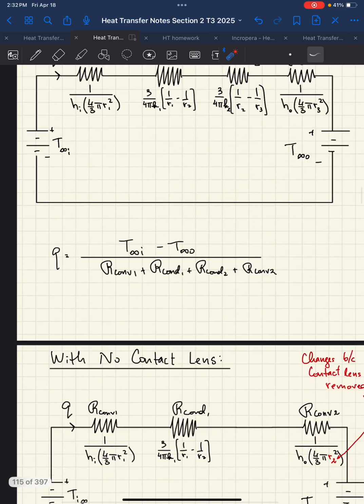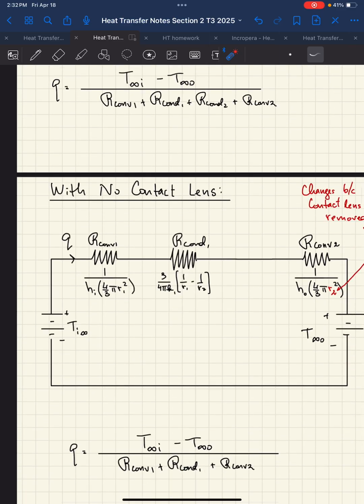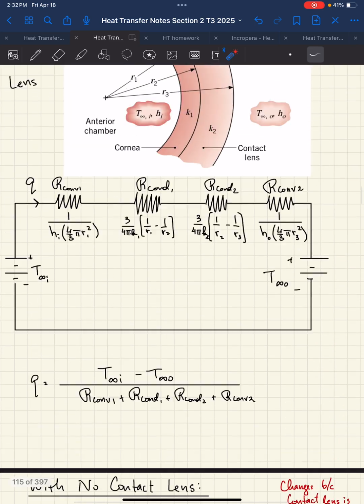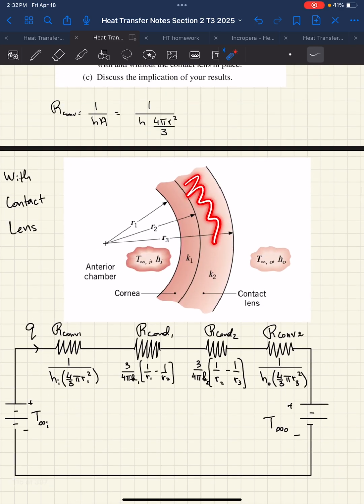Now, when you do the circuit without the contact lens, basically you're removing the thermal resistance due to conduction from the contact lens. Now, you have to be careful though, because when you remove this contact lens, your thermal resistance due to convection from here out changes. Thermal resistance due to convection from here to here is dependent on the surface area.